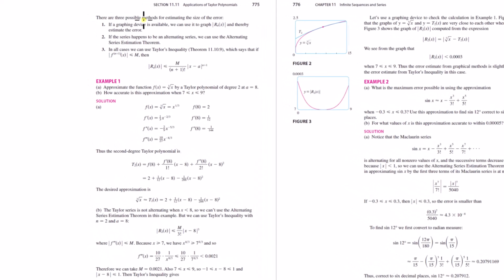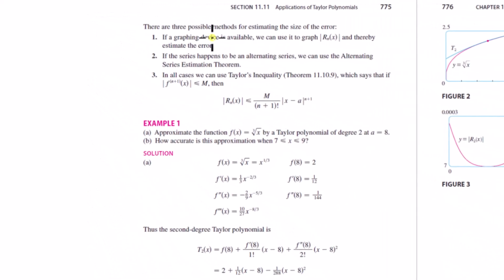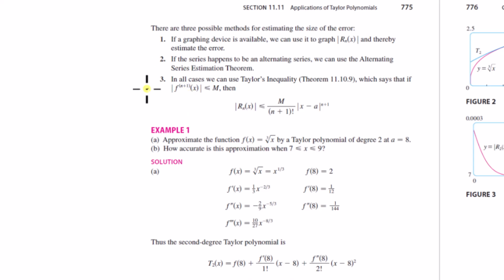Okay, there are three possible methods for estimating the size of the error. So one is case 3, you use Taylor's inequality to get the size of the R sub n, right? But the first method it shows here, all you do is just graph the R sub n of x, because if you're using a Taylor polynomial to approximate a function, in a lot of circumstances you already have the function.